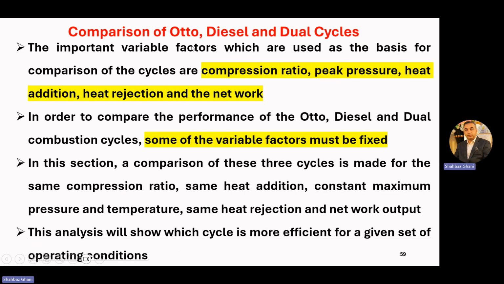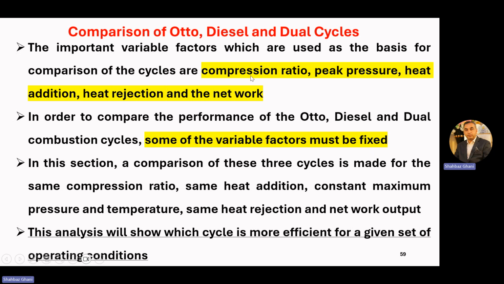Now, comparison of Otto, diesel, and dual cycles. The important variable factors used as the basis for the comparison of the cycles are compression ratio, peak pressure, heat addition, heat rejection, and the net work. In order to compare the performance of the Otto, diesel, and dual combustion cycles, some of the variable factors must be fixed.